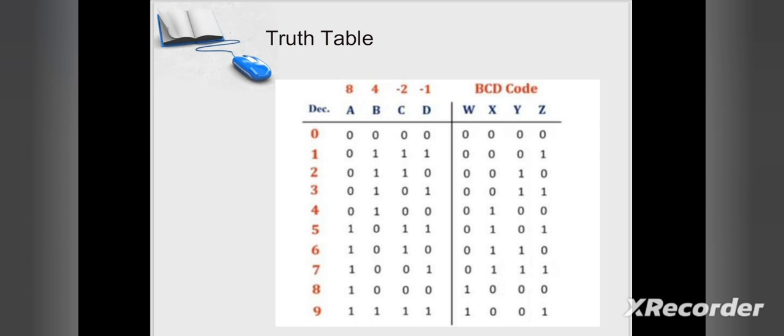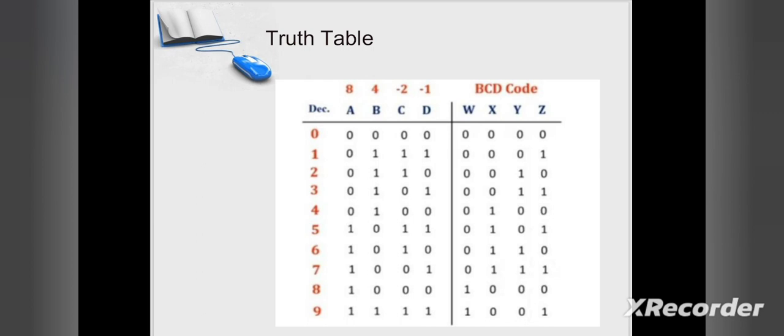If we want to find the binary code of decimal 6 in 8 4 -2 -1, the sum of 8 and -2 is 6. Hence 8 and -2 become 1 and the remaining 4 and -1 become 0.